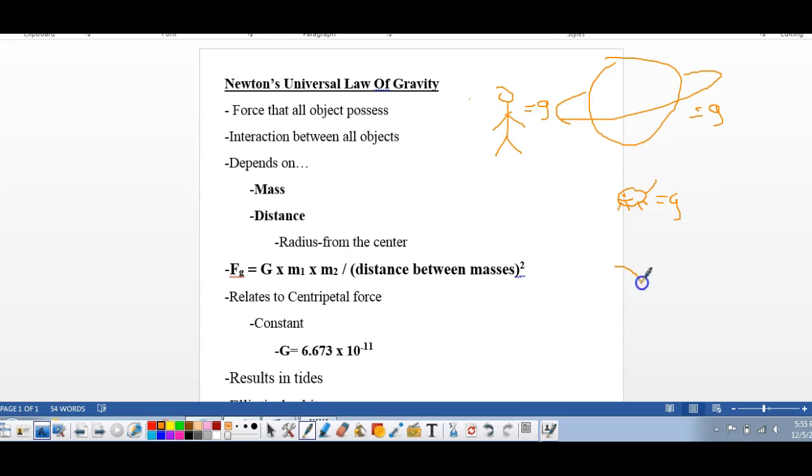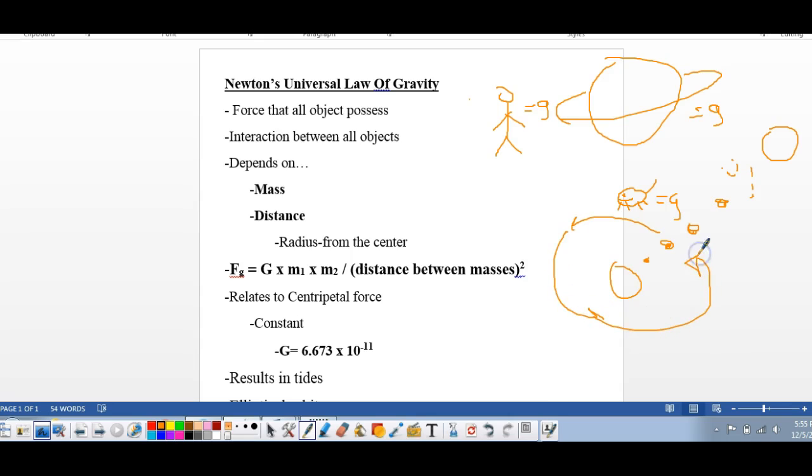If you have the sun in the middle, and you have Mercury, Venus, Earth, then Mars, and then the asteroid belt with a bunch of asteroids out here, and then Jupiter, right? And Jupiter shouldn't be bigger than the sun, by the way, but just for this model. And for a long time they couldn't understand what made these go in circles around the sun.